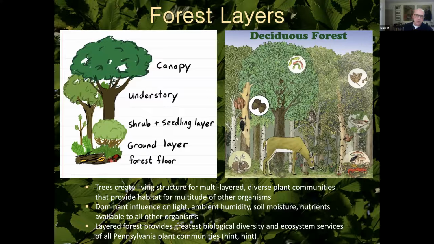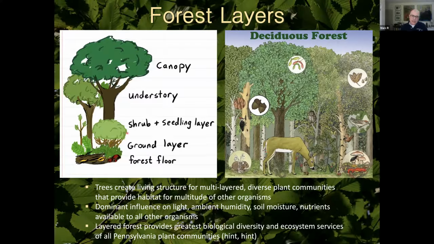So the trees dramatically affect everything because they're the dominant influence on light, the ambient humidity they create, how they control soil moisture and how much they're pulling out of the soil, and the nutrients available to all the other organisms. It's the trees that define the habitat for all those other organisms.